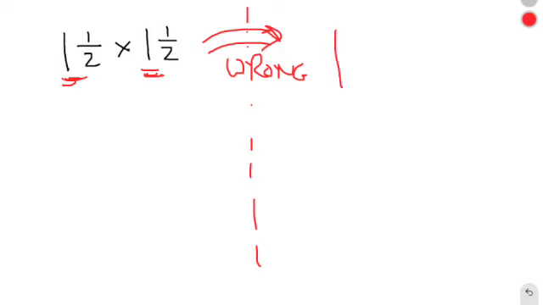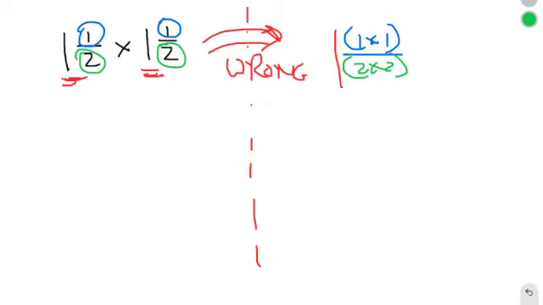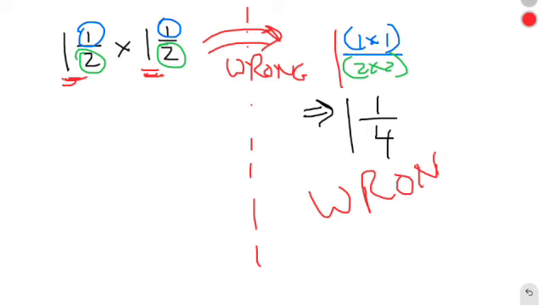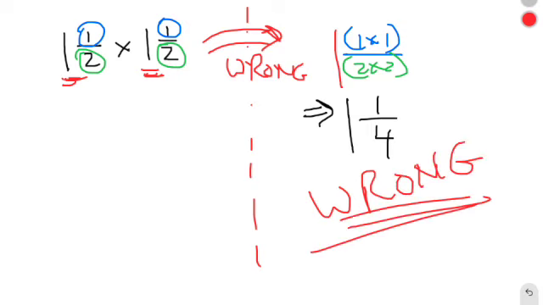And then they carry on with multiplying this numerator by this numerator, which would be 1 times 1, and this denominator by this denominator, which is 2 times 2. If we continue along this methodology, the answer would be 1 and 1/4. I want to tell you this way is absolutely wrong. This is the wrong method.